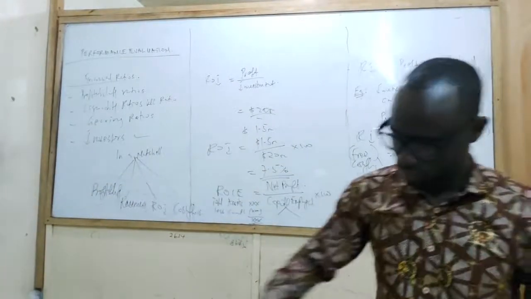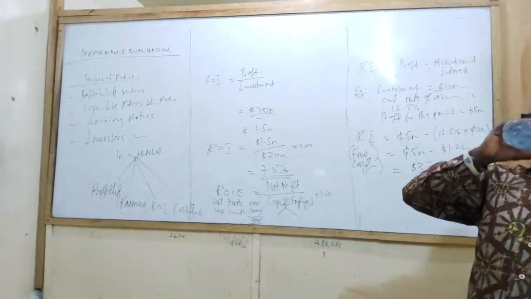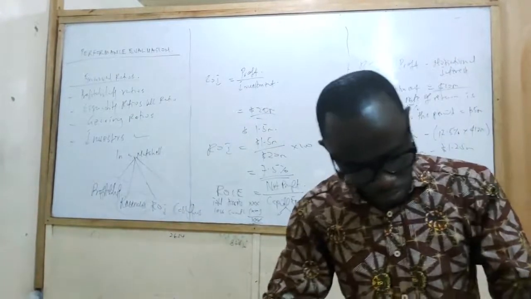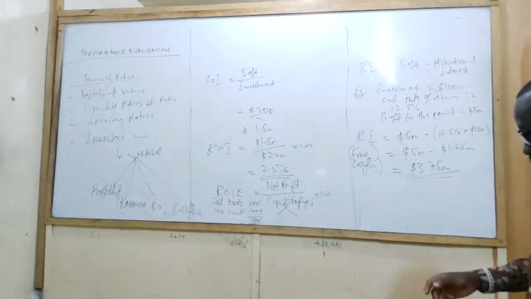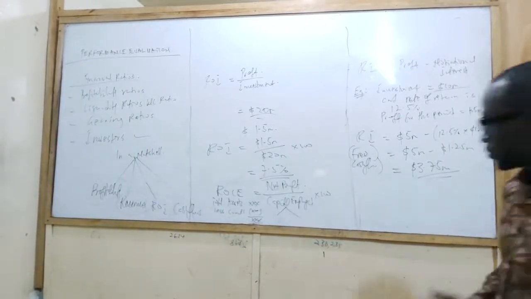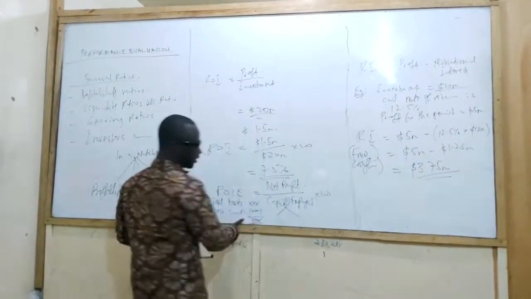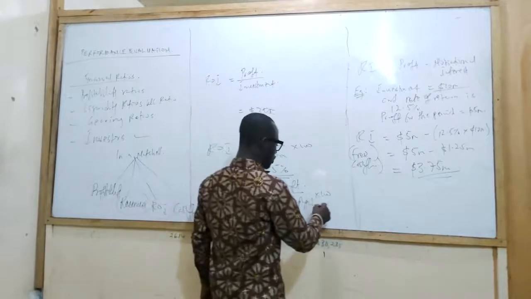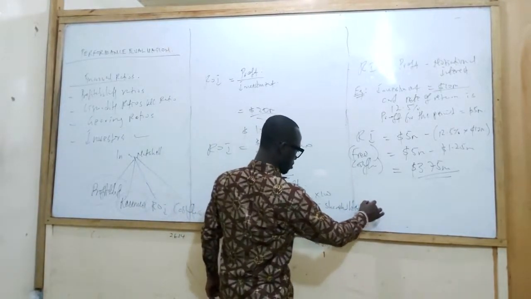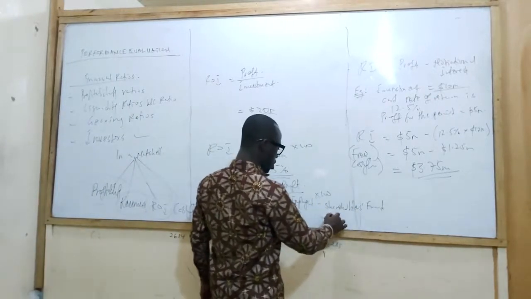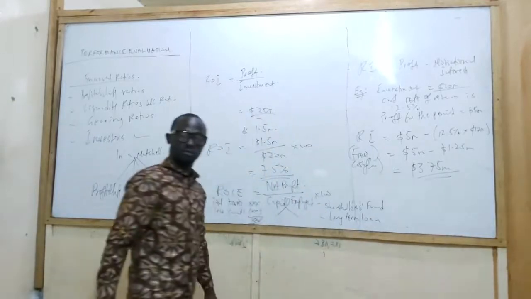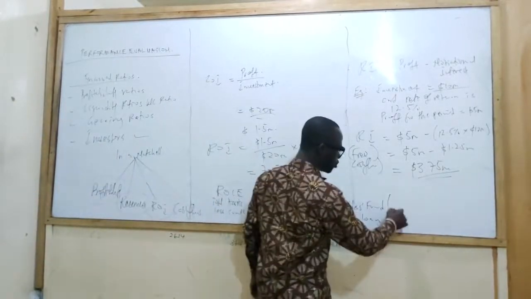Any questions? Capital employed is total assets less current liabilities. Or shareholders' funds plus long-term finance or long-term loan. When we say shareholders' funds, what does it include?